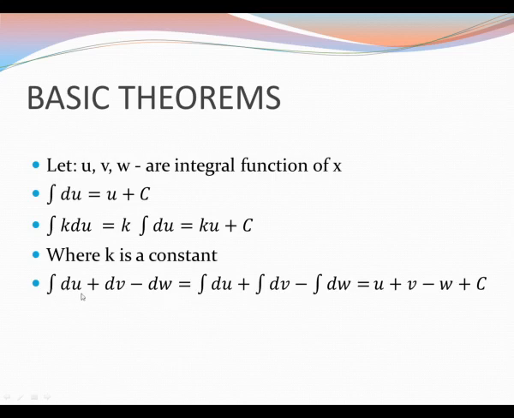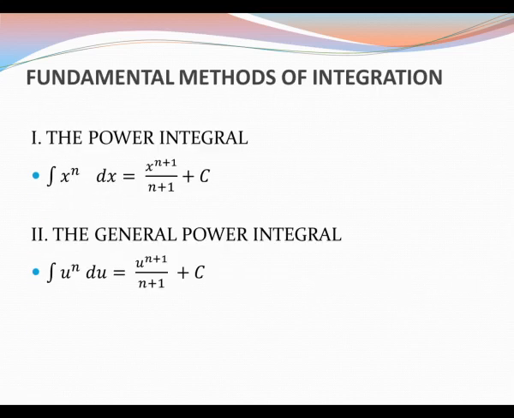If we have an integral of several terms, the integral of du plus dv minus dw, just evaluate each term. So this is simply the integral of du plus the integral of dv minus the integral of dw. Then we have u plus v minus w, and upon integration plus c.